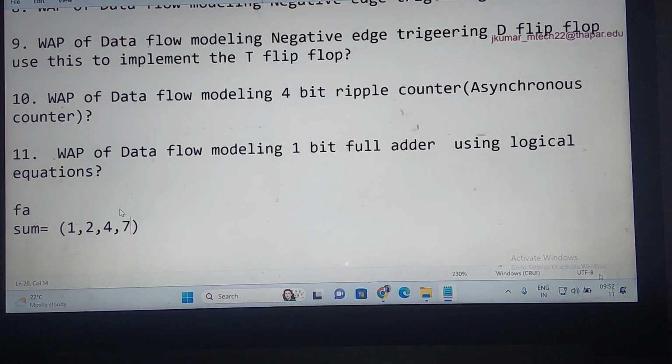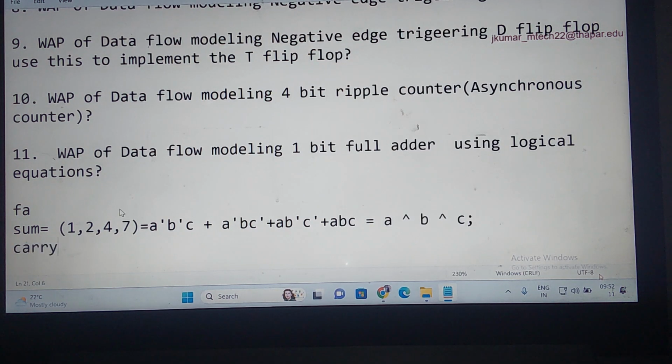If I write the logical expression, 1 is A bar B bar C, 2 is A bar B C bar, 4 is A B bar C bar, and 7 is A B C. This is the sum expression, which is equivalent to A XOR B XOR C.